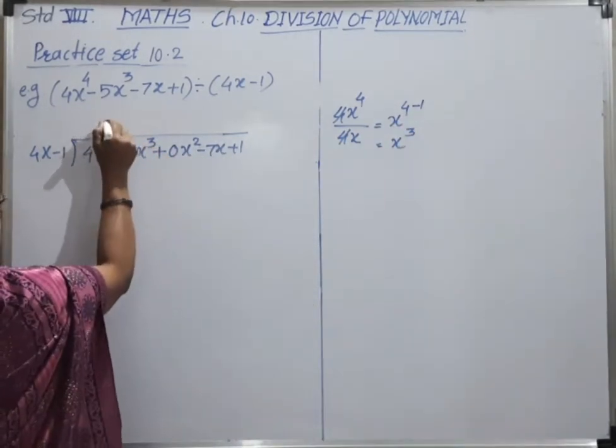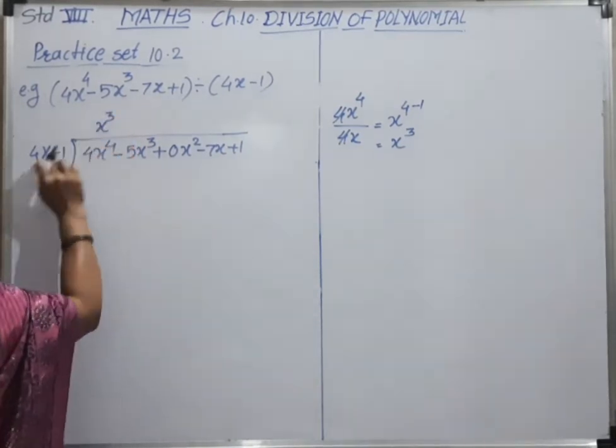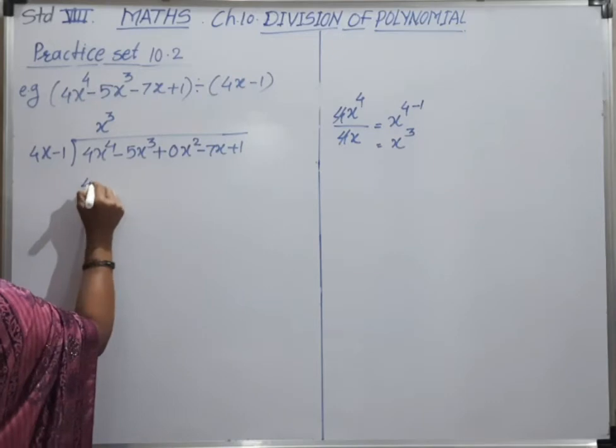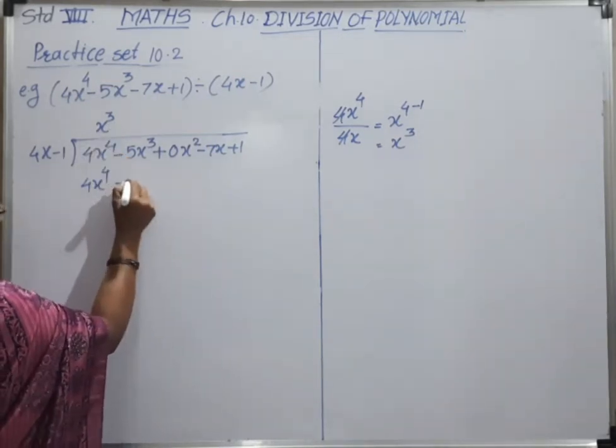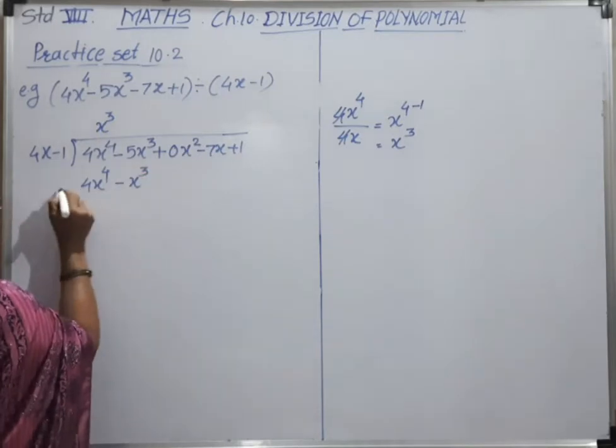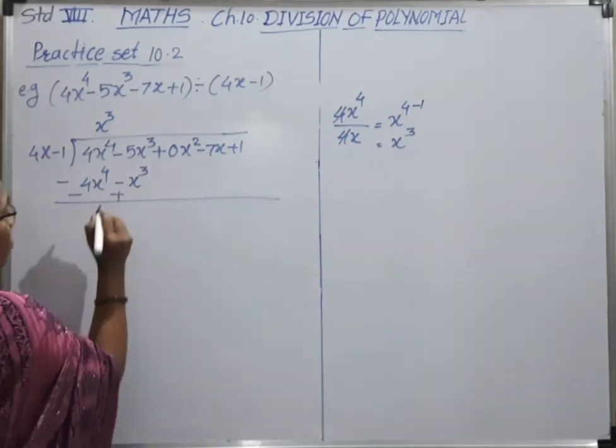So the answer is x cube. So x cube into 4x is 4x raised to 4, x cube into minus 1 is minus x cube.